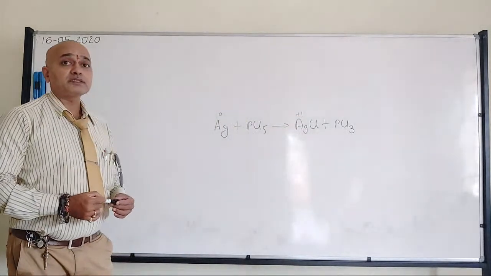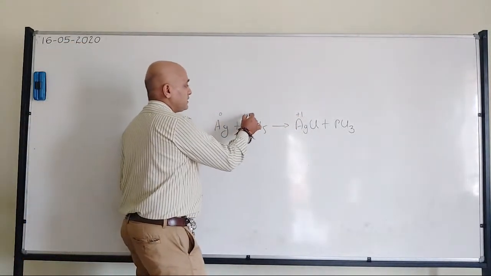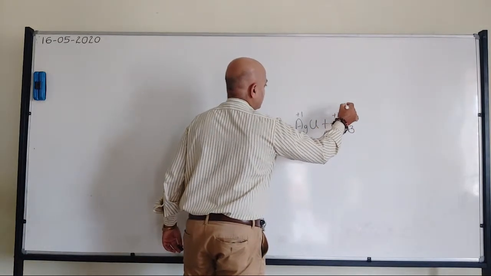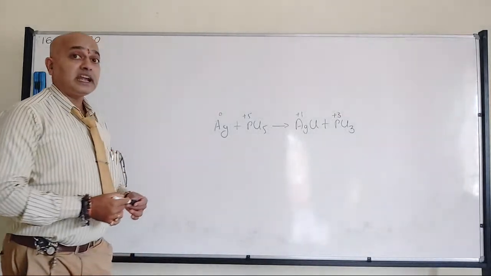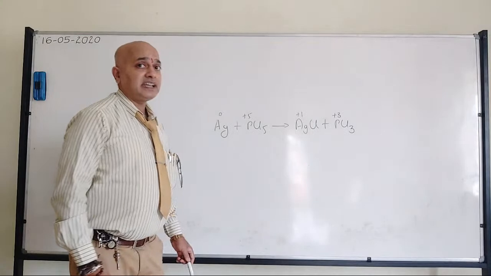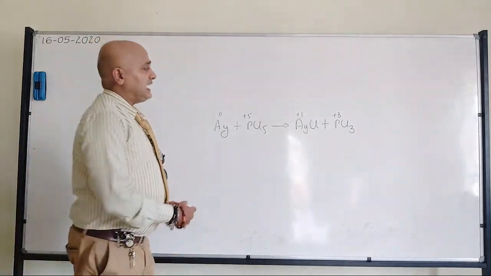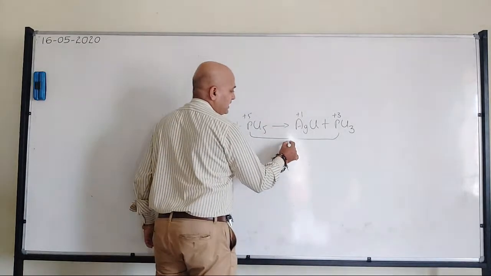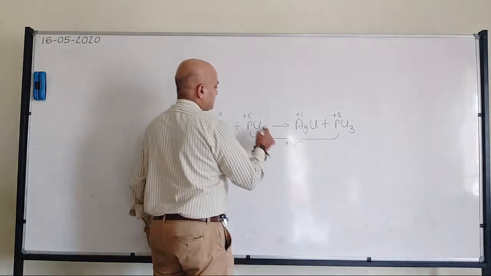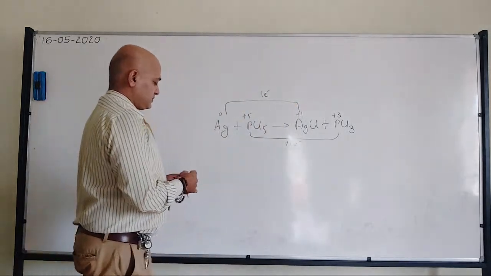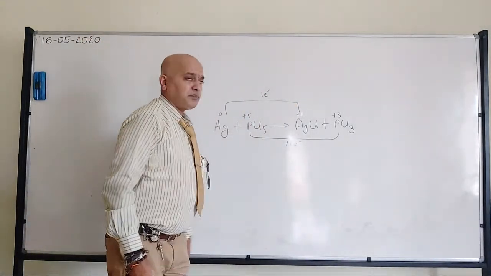Phosphorus from +5 is becoming +3. So that's where we have the redox reaction. That means PCl5 is acting as an oxidizing agent, right? So it is taking how many electrons? 2 electrons. So it is donating how many electrons? 1 electron.